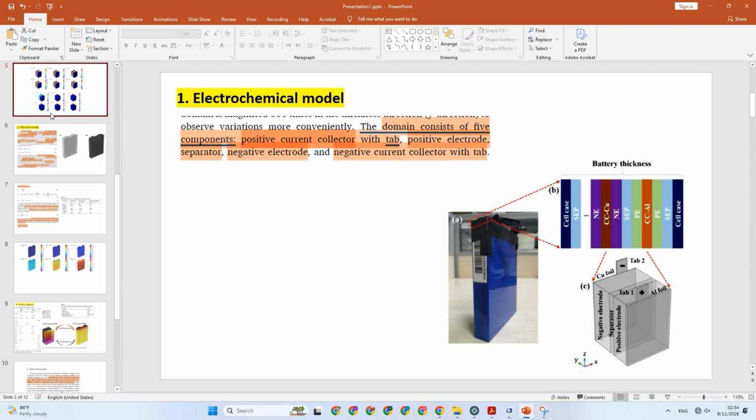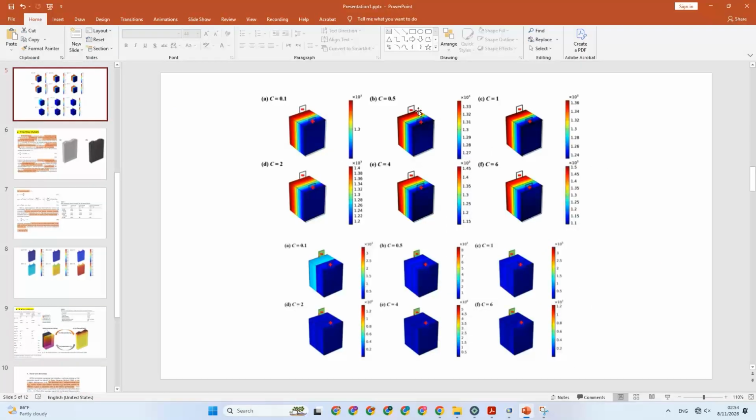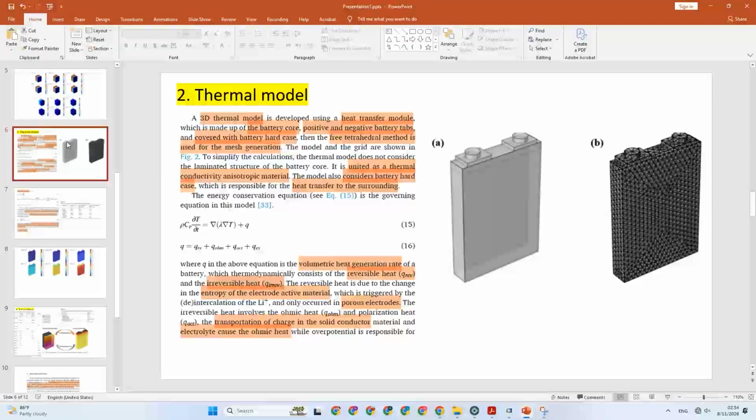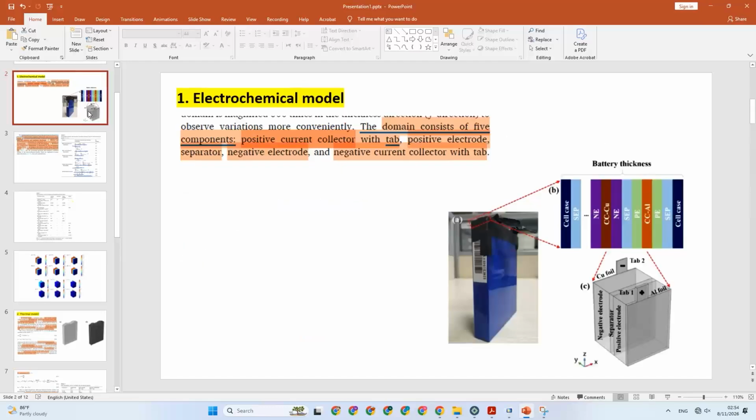In the simulation, we can see these are the halves. Yes, I understand it. Negative electrode means anode, positive means cathode.